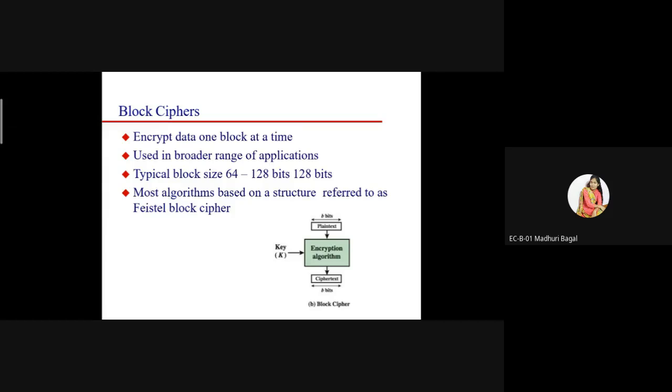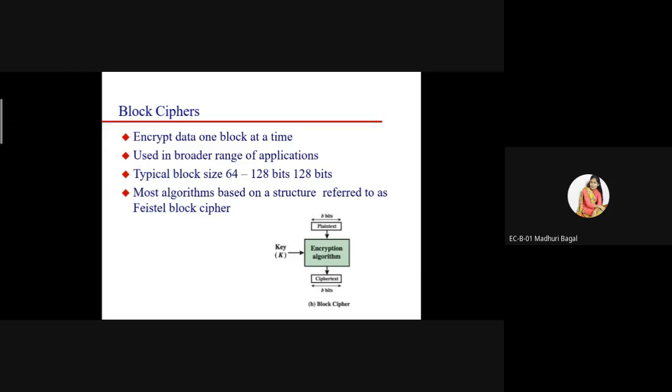In block cipher we can split the information into small blocks, and that can be encrypted by using various algorithms. The most commonly used algorithm is the Feistel block cipher. We have to study this algorithm in our unit number 2.